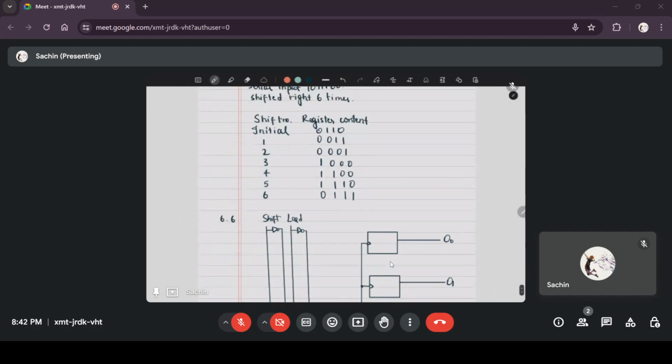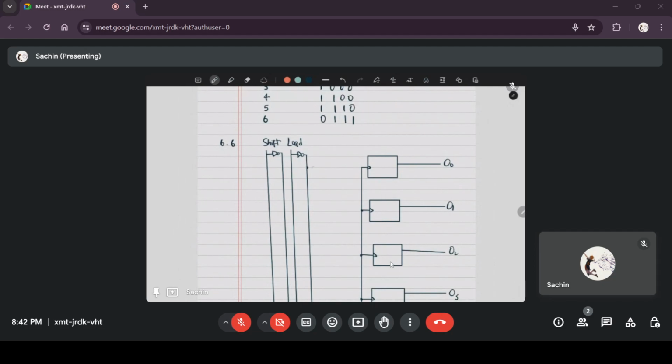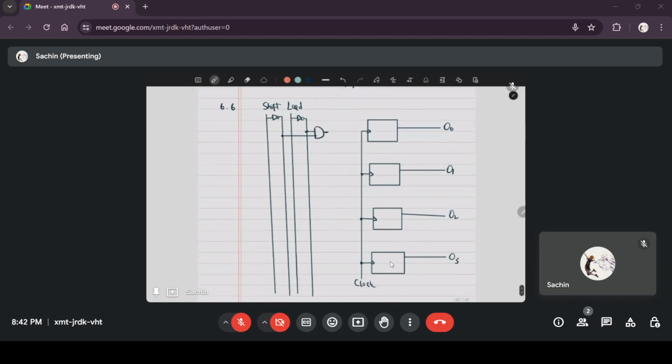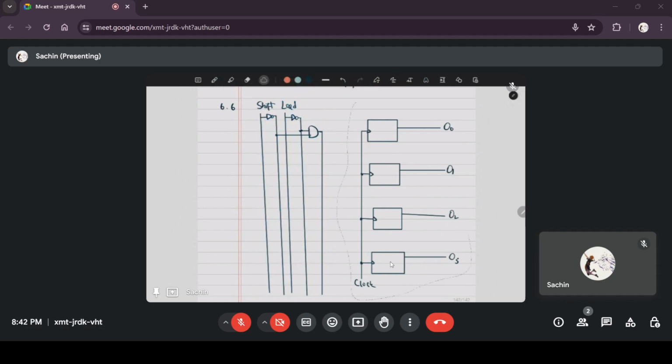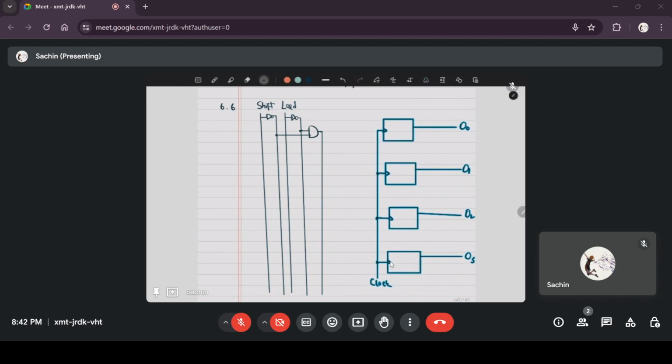So for the first part, when shift and load are both 0, that is shift bar and load bar are 1, then you must get the previous state.